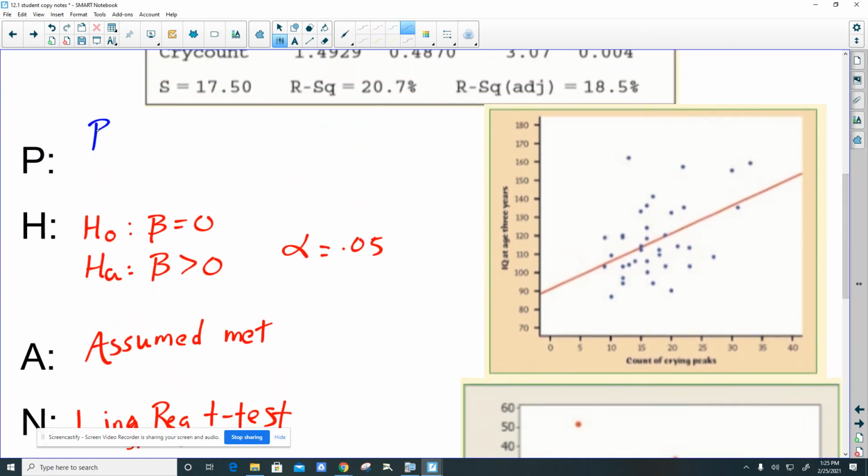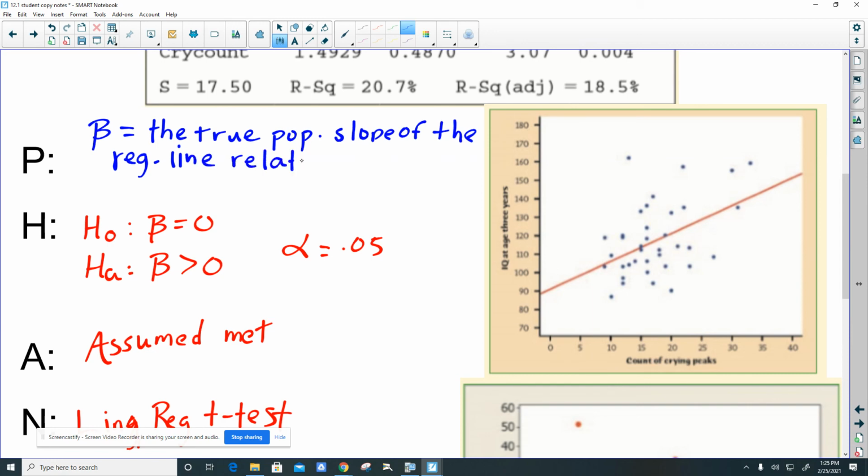And I'll come back here and just define beta as the true population slope of the regression line relating, here are our two variables, cry counts and IQ at age 3.